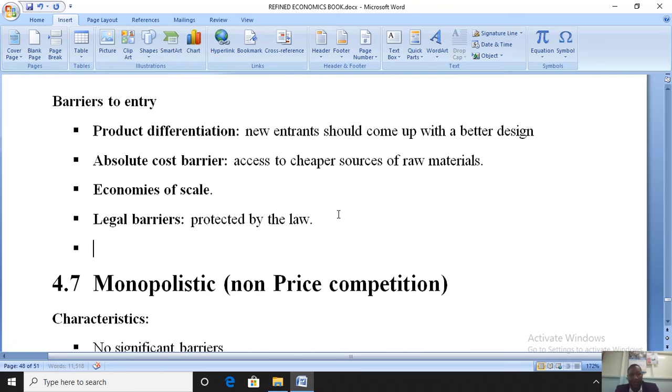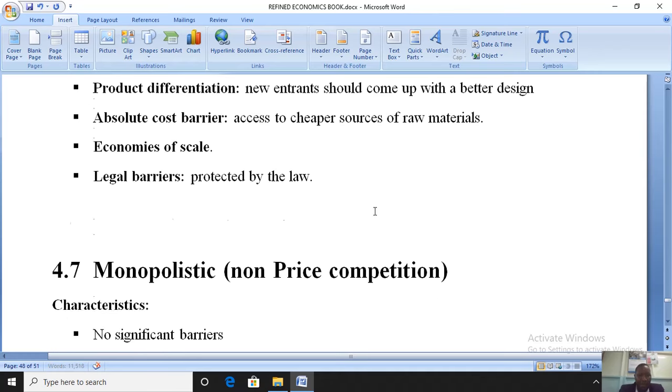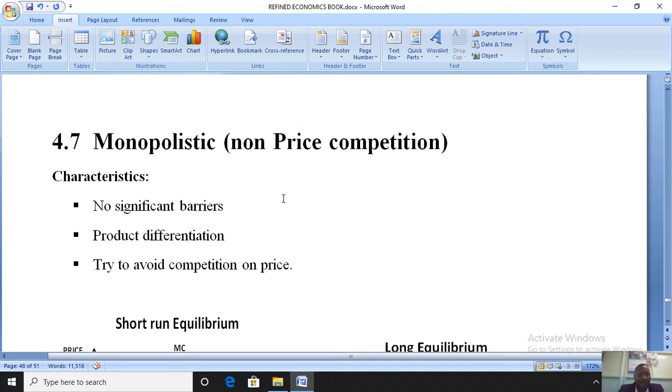Let's look at the monopolistic market structure. The characteristics are as follows. Number one, we've got many firms there, but not as many as compared to a perfectly competitive market structure.